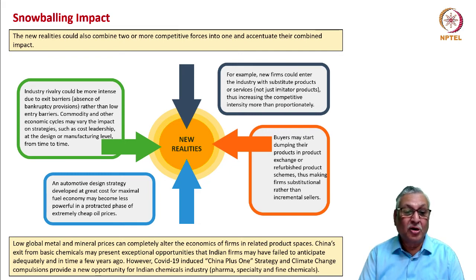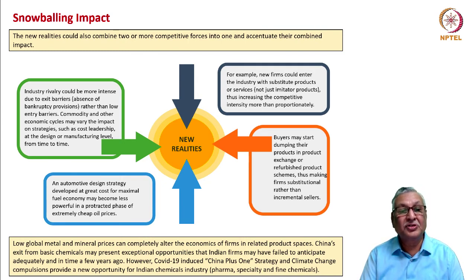Another example, an automotive design strategy developed at great cost for maximal fuel economy may become less powerful in a protracted phase of extremely cheap oil prices. That could happen. Industry rivalry could be more intense due to exit barriers, absence of quick bankruptcy provisions rather than low entry barriers.